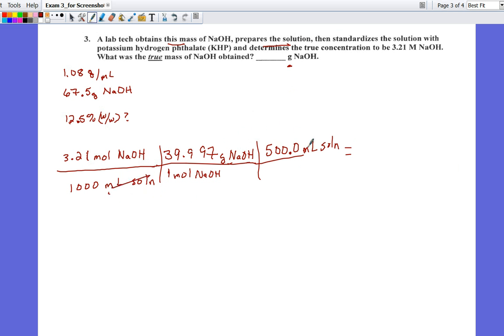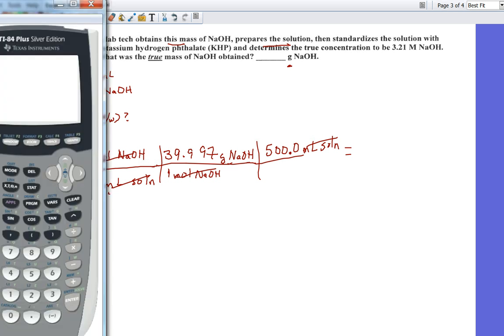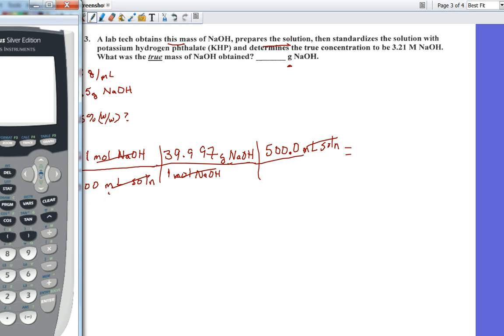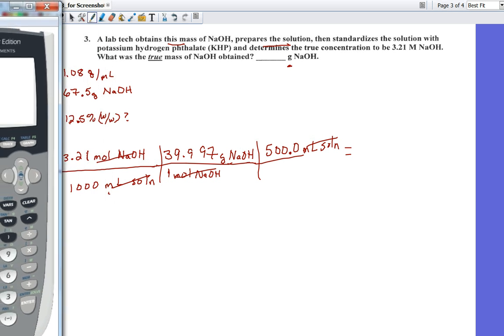You cancel that out, and you're going to find out how many grams of sodium hydroxide you actually had. Now remember that sodium hydroxide is hygroscopic. That means when you're weighing it out, you're weighing out significant amounts of water as well.